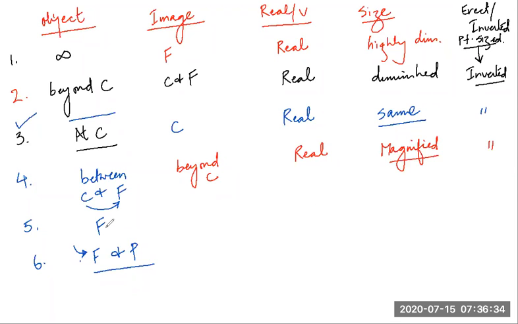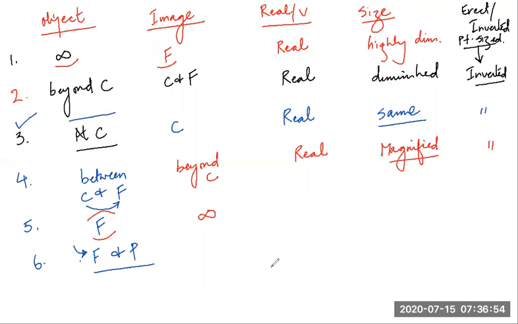Now we will place the object at F. Students, very interesting. When you place the object at infinity, the image was at F. Reverse: when you place the object at focus, the image will be at infinity. See how the image is formed at infinity.